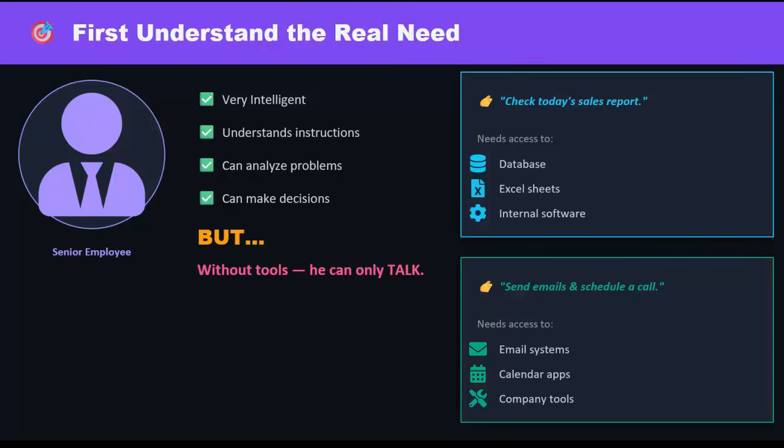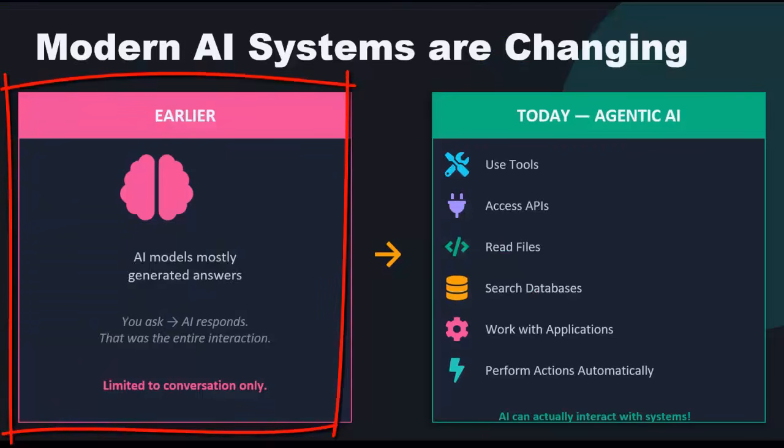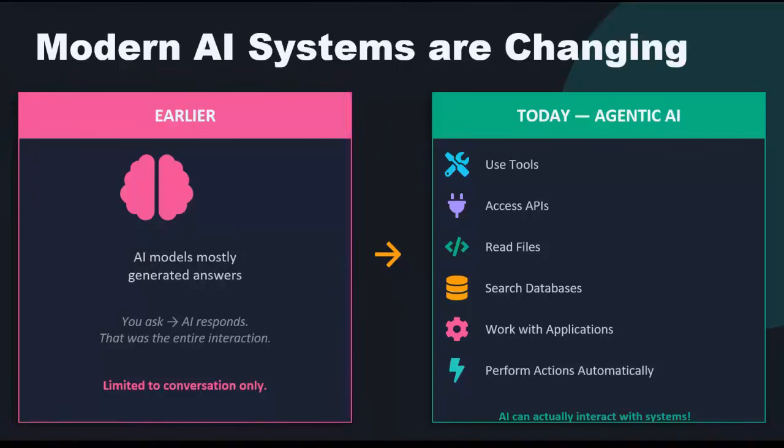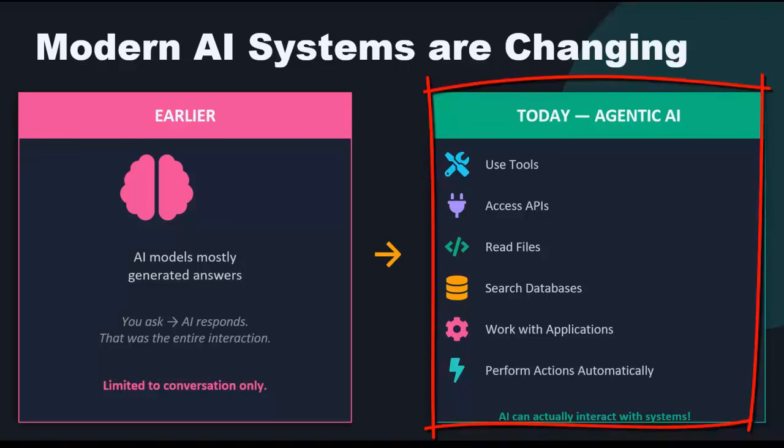Same as earlier AI systems. So earlier AI models mostly generate answers, means only can talk. You ask a question, the AI responds. And that was pretty much the entire interaction, means these interactions are limited to text generation only. Employee without tools that only can talk can't perform actions, but modern AI systems are changing rapidly.